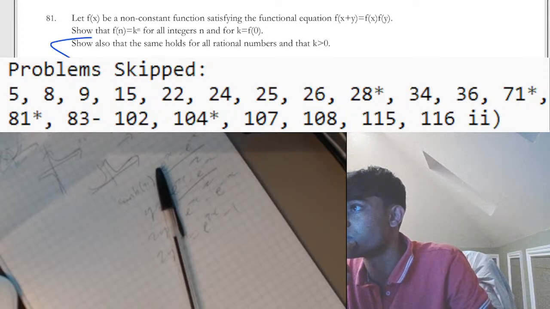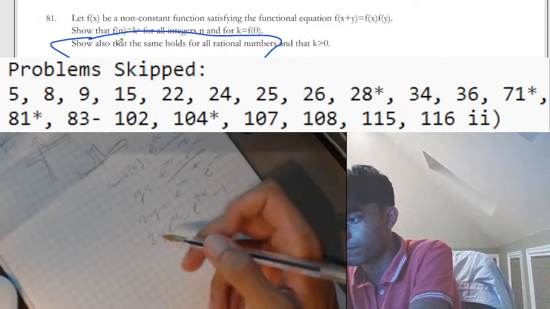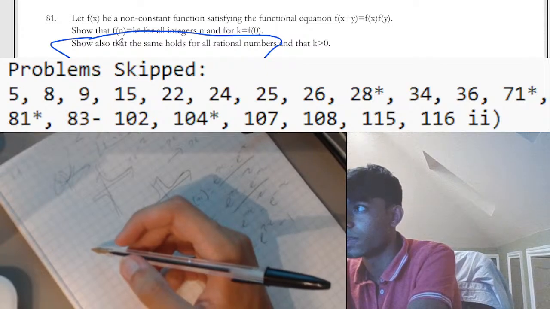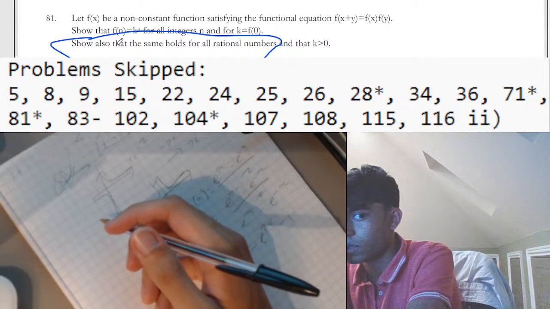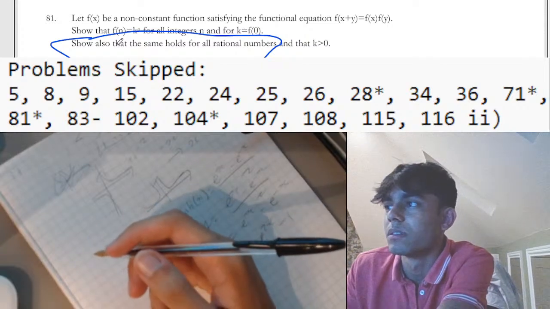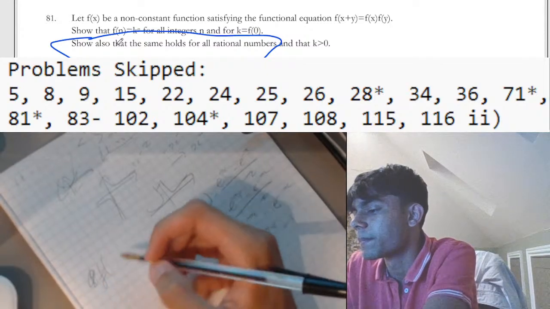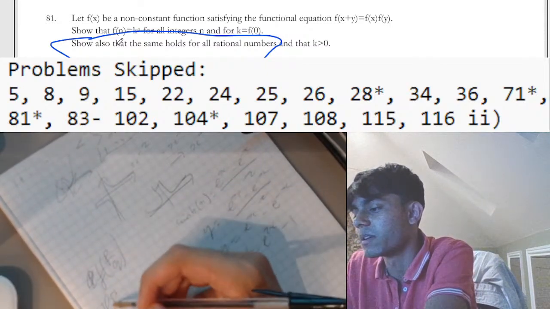This one, show it holds for rational numbers. Okay, so I think this is looking not that bad. Because if you have P over Q, you can just spam it Q times.